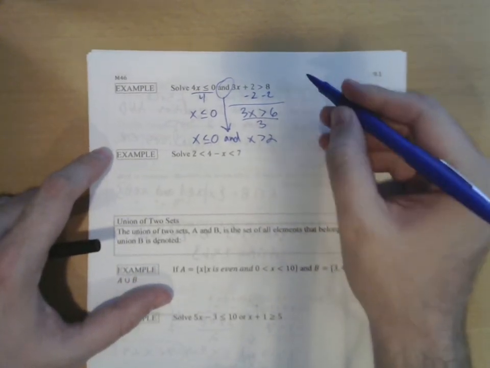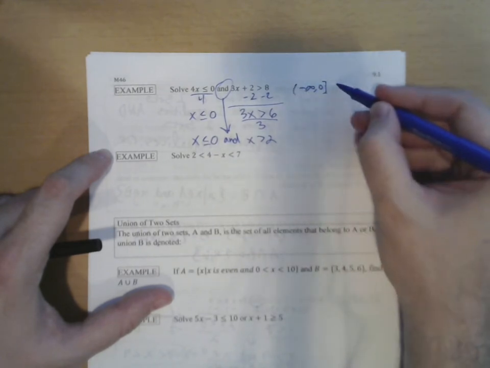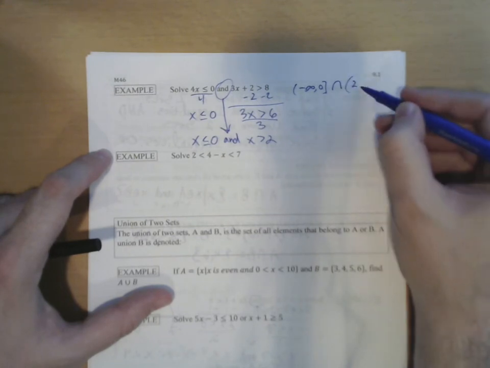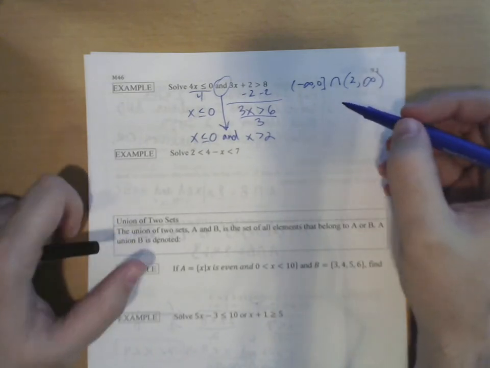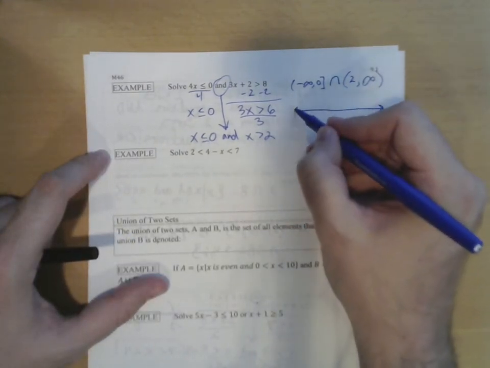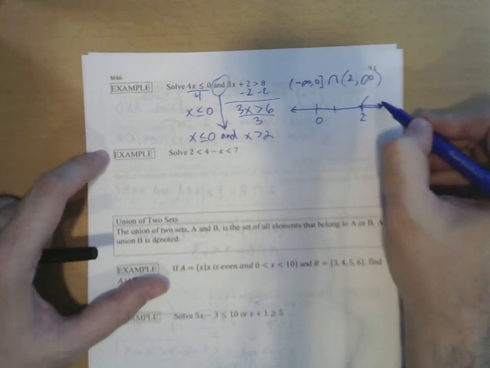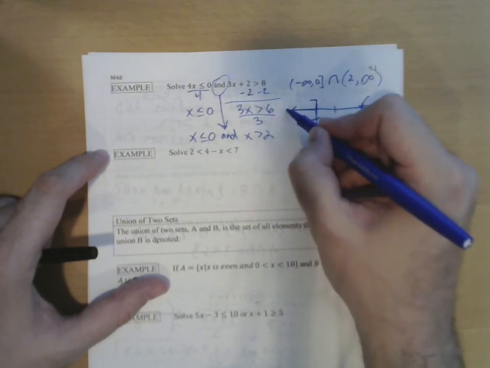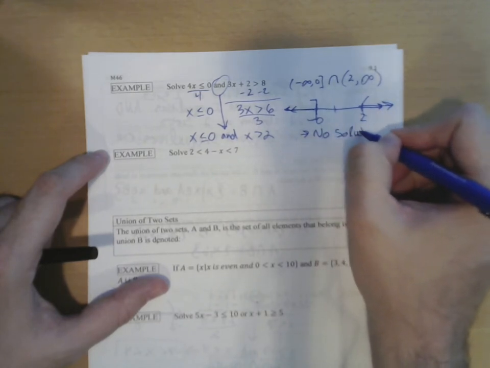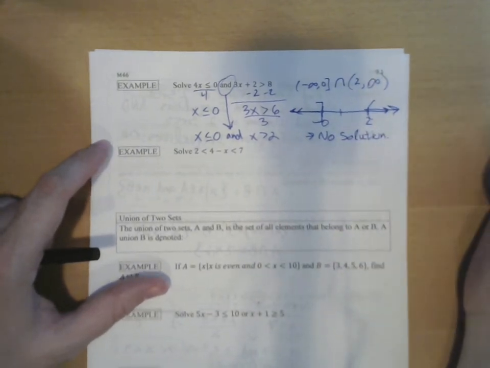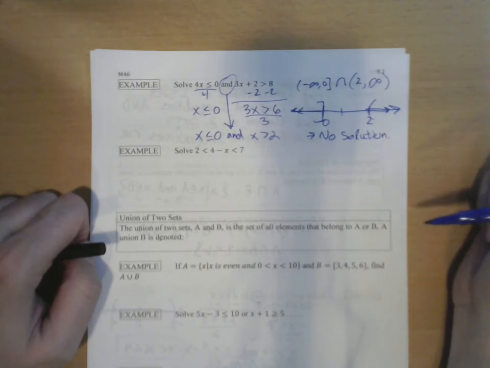So again, as intervals, this is negative infinity up to 0 with a bracket, intersected with 2 with a parenthesis up to infinity. And much like the last one, when you graph this, here's our 0, here's our 2. At 2, we go to the right, and at 0, we go to the left. So again, there's no solution, which, once more, we wouldn't see unless we graphed our solutions, our intervals.